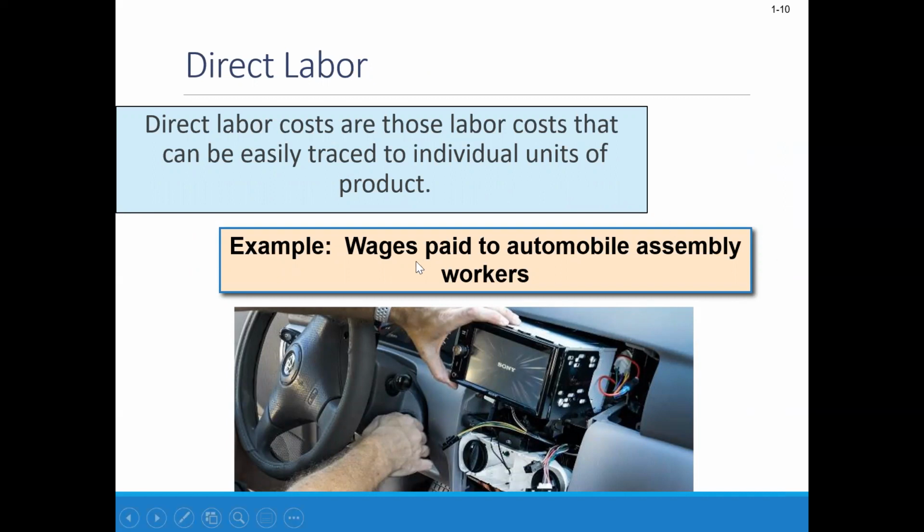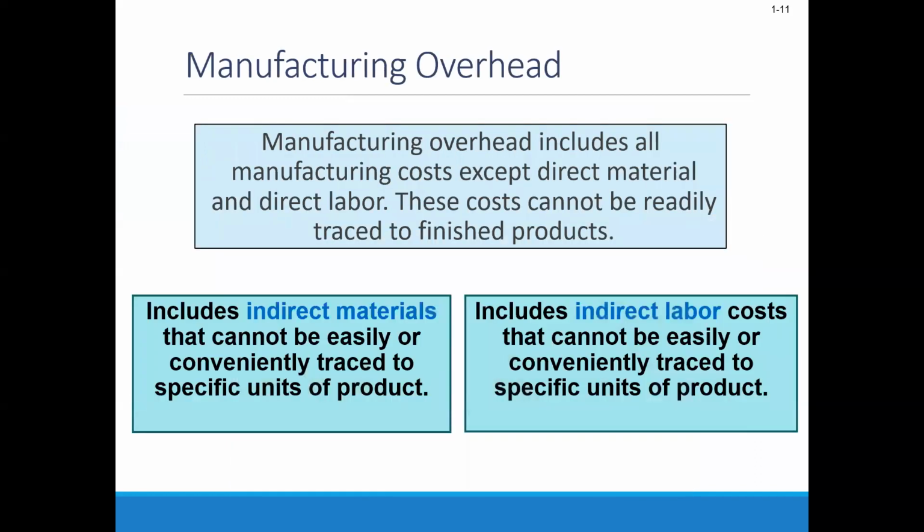Direct labor costs are labor that is easily traced to a unit of product. The biggest one here are wages paid to the automobile assembly workers. Easy. But guys, this is where the numbers get big.